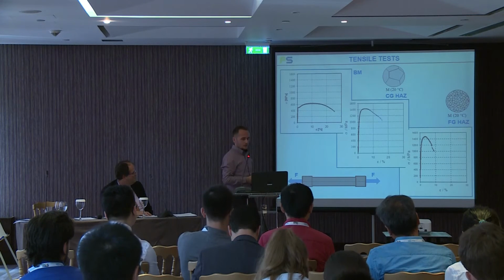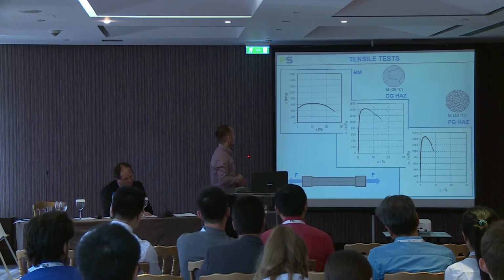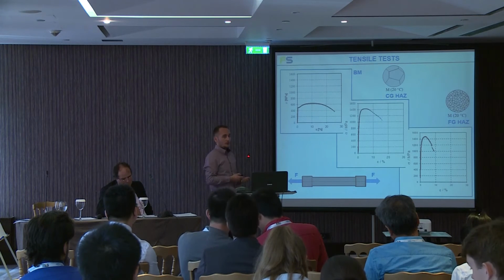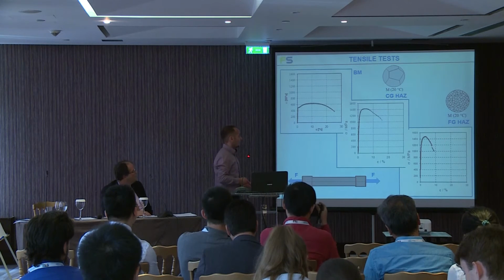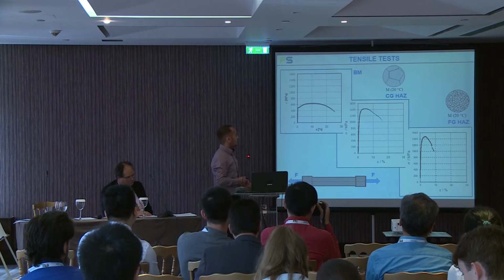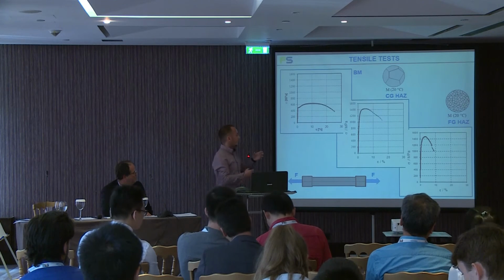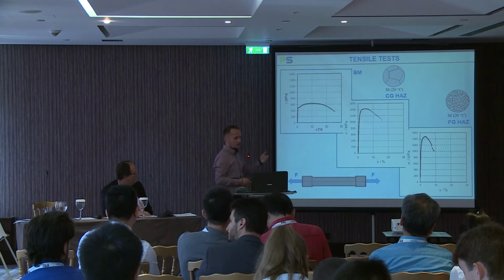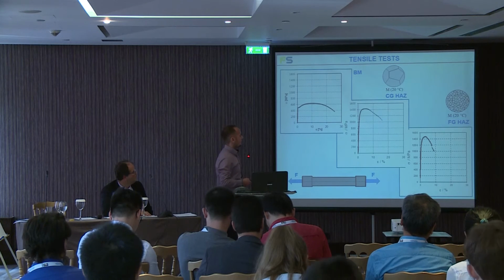Now we will speak about the tensile test. In the first diagram is shown the base material tensile test, coarse grain, and fine grain heat affected zone. We have prepared wider tensile specimens, which also describe each of the subzones which we have in the heat affected zone.